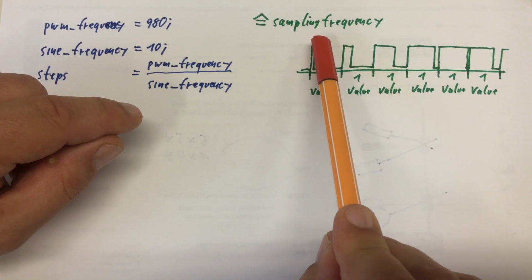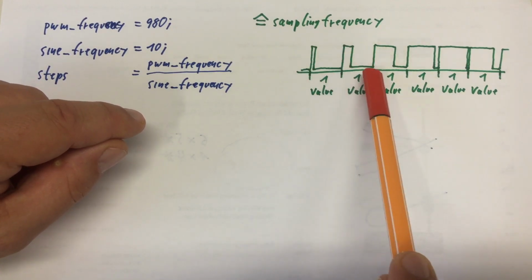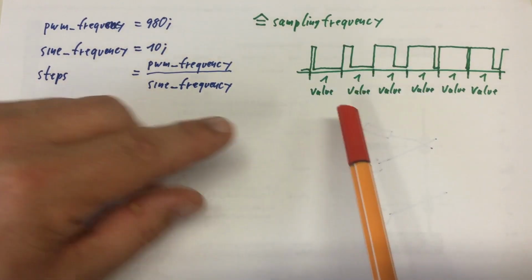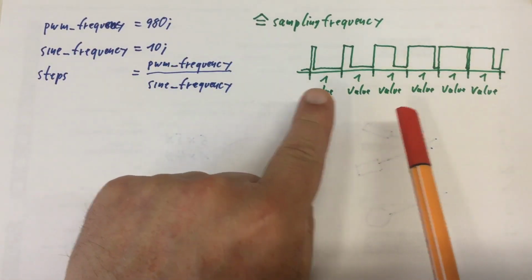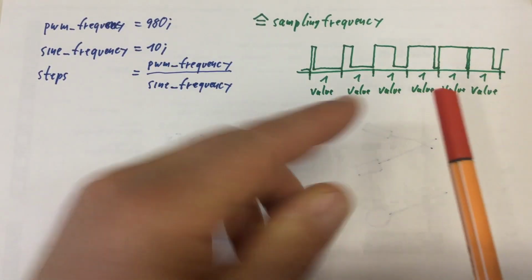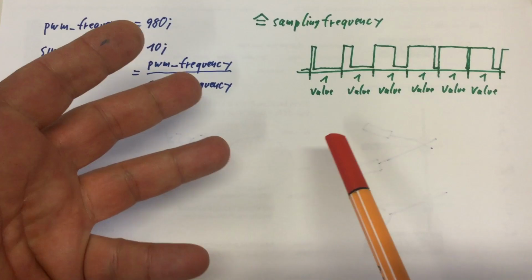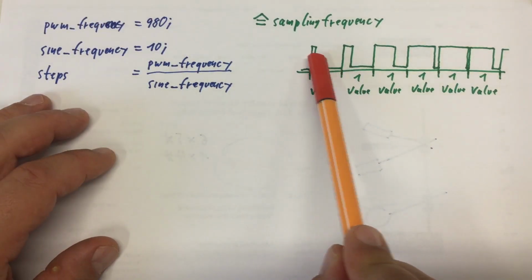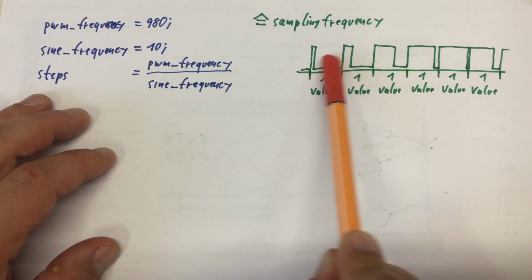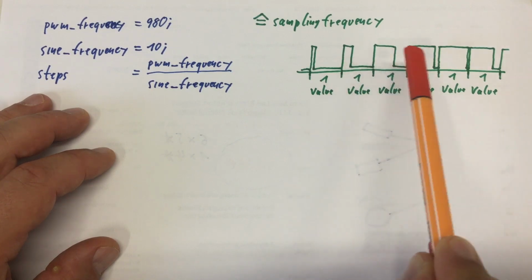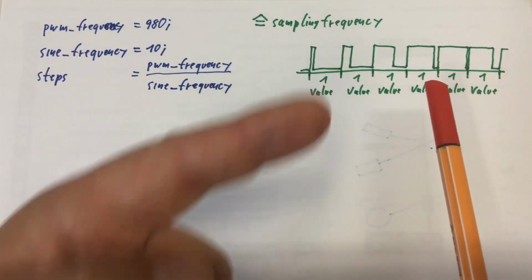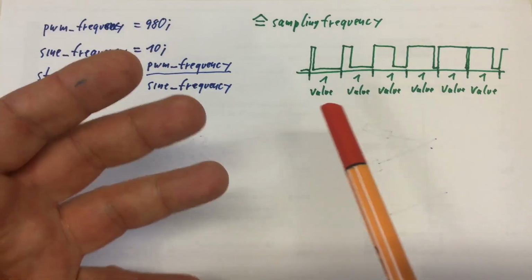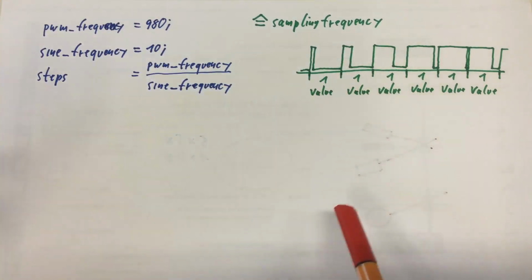In each cycle of that square wave, you can output exactly one value. I mean, kind of self-evident. You can only modify the duty cycle here for one of the cycles once. So, the duty cycle is your value.